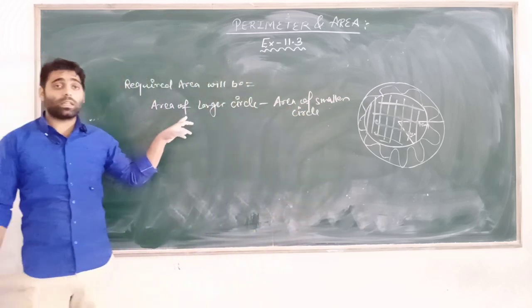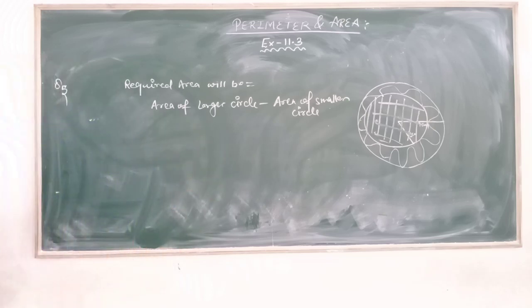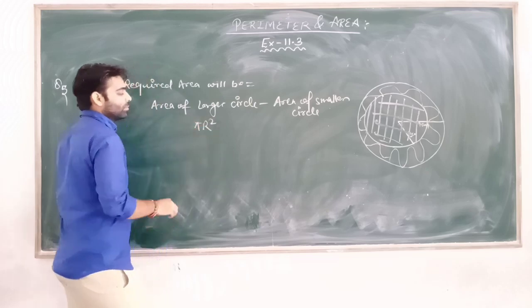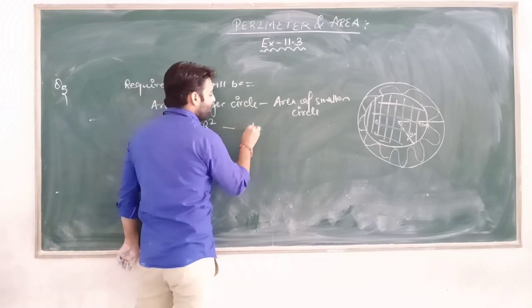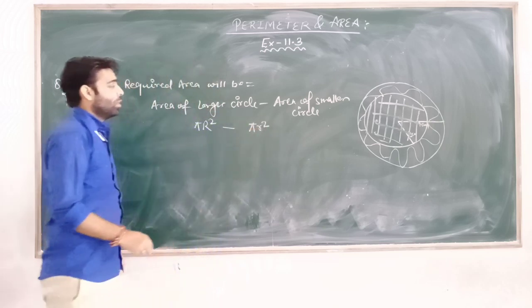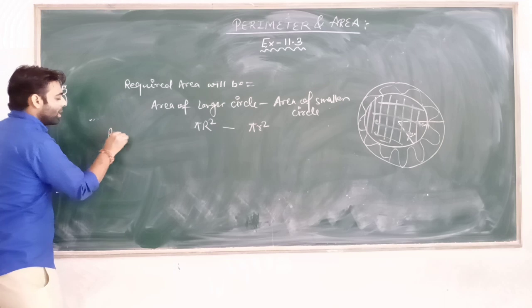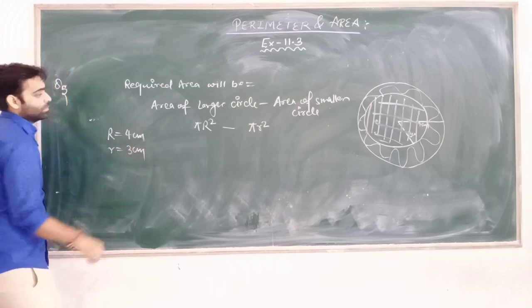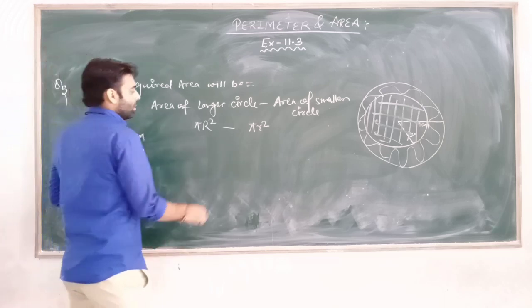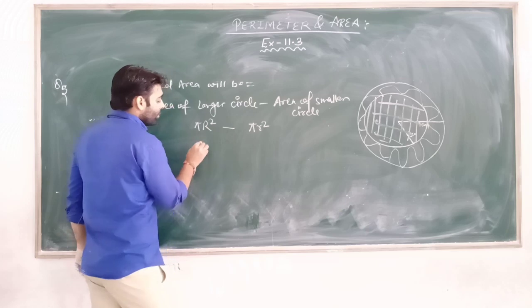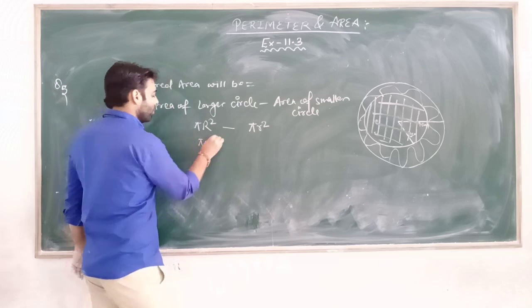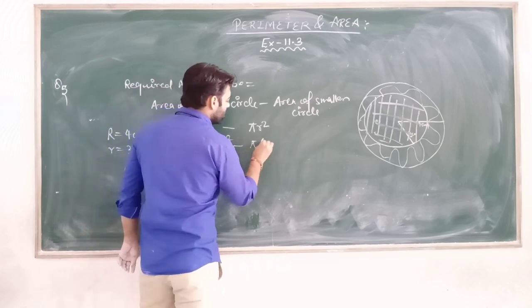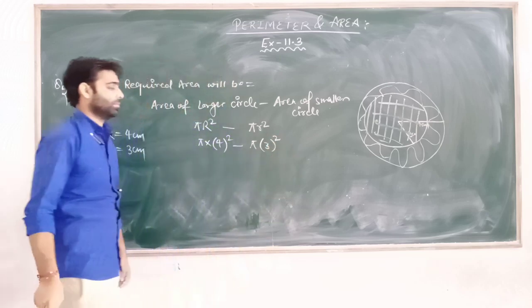We will find it by the formula pi R square minus pi r square. Capital R equals 4 centimeter and small r equals 3 centimeter. So pi into square of 4 minus pi into square of 3.